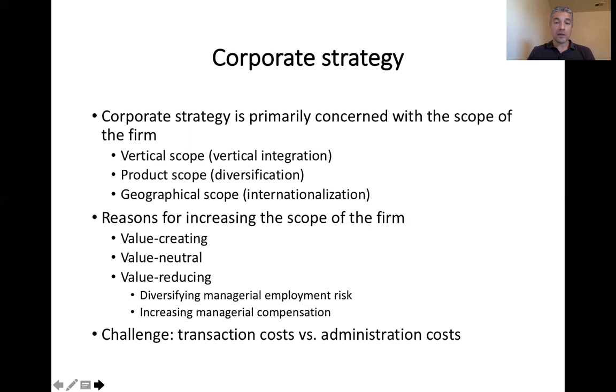The other reason why managers may push too much towards expanding into other industries has to do with managerial compensation. The trick here is that the larger the firm, the more complex its operations, the higher the compensation that top managers may expect. Why is it? So obviously, if you know how compensation is structured and set for top managers at public firms, typically there's a board of directors, there's a compensation committee.